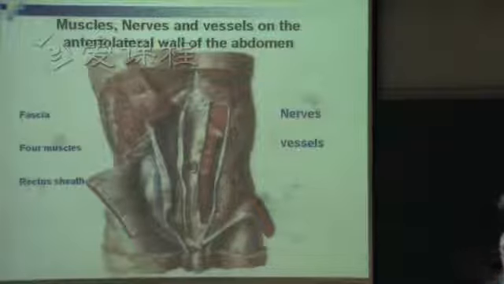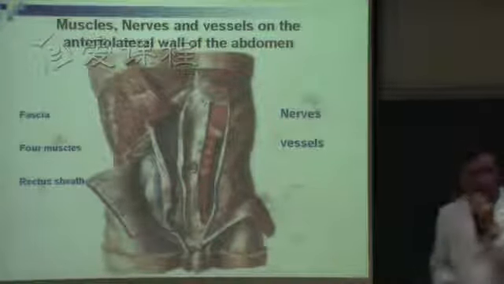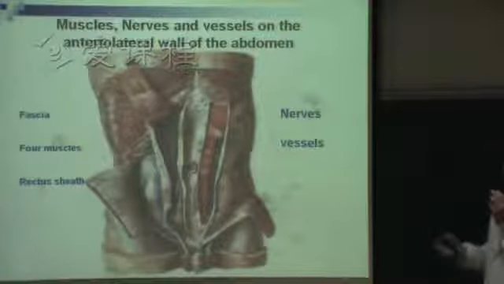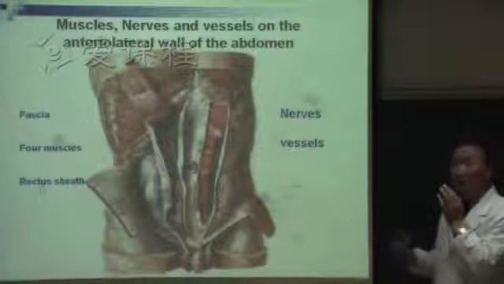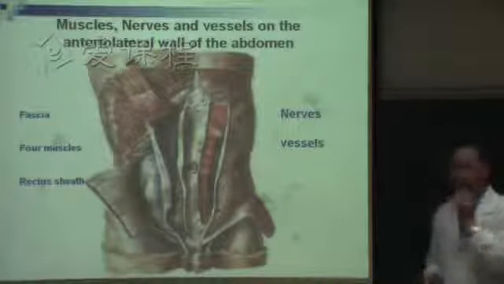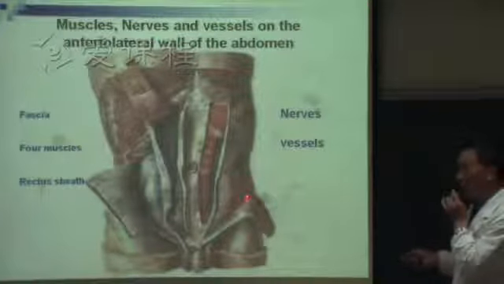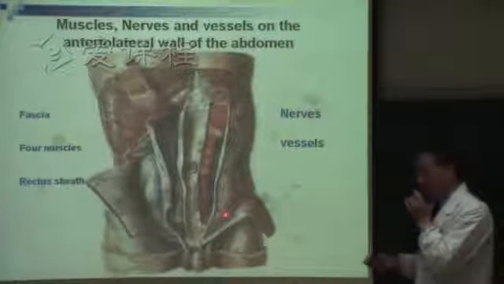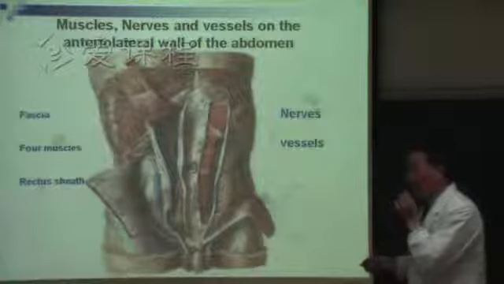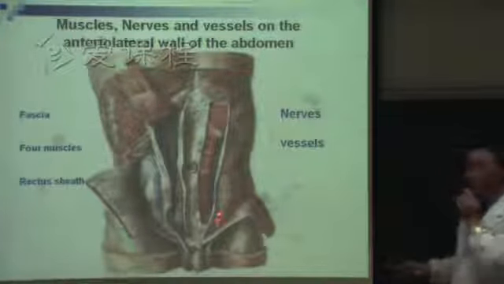What nerves can be seen in this region? Yes, the lower 6 intercostal nerves, and the subcostal, the iliohypogastric nerve. And what's this one?